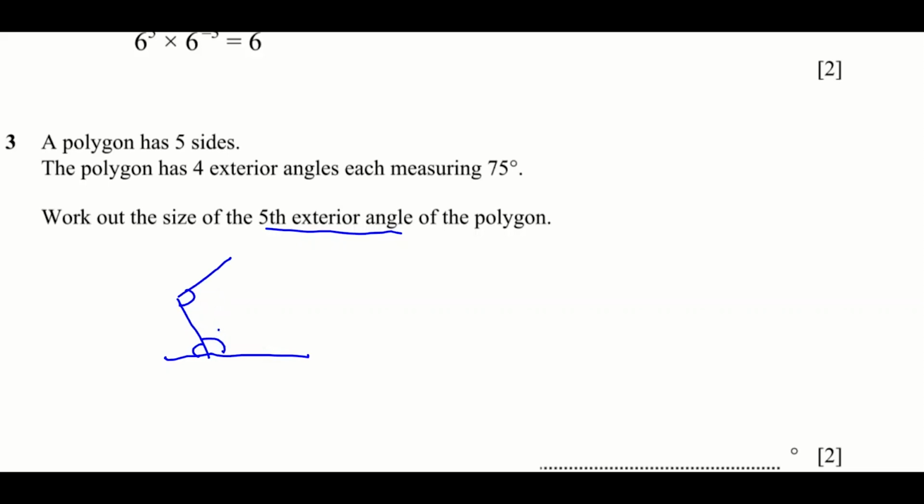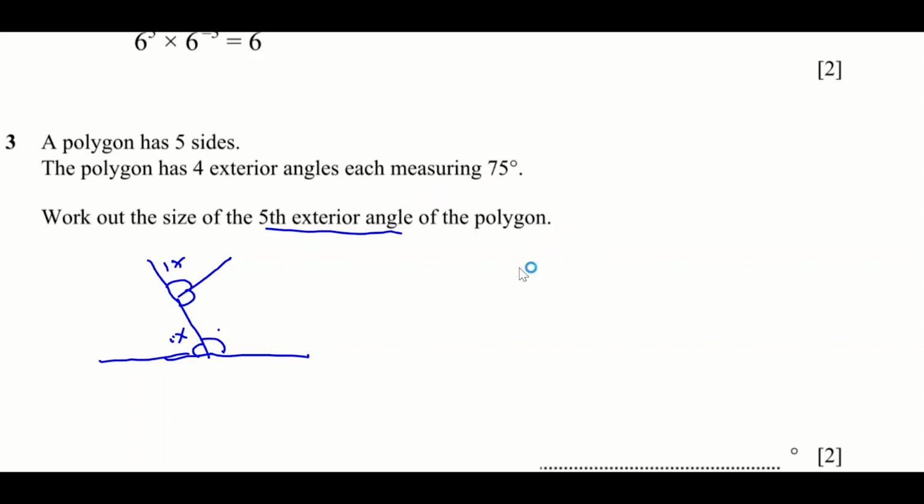So what we know is that the sum of the exterior angles is 360 degrees. So this will be one exterior angle, this will be another exterior angle. So we have 5 of them, but we are told that 4 of these 5 exterior angles are the same.